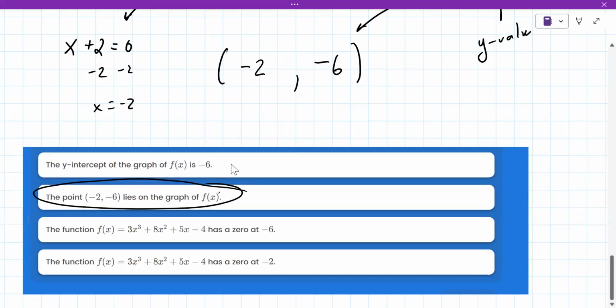All these other ones are possibilities, but there's really four separate questions that they're throwing at you here. In some ways it's really challenging, but that's okay.